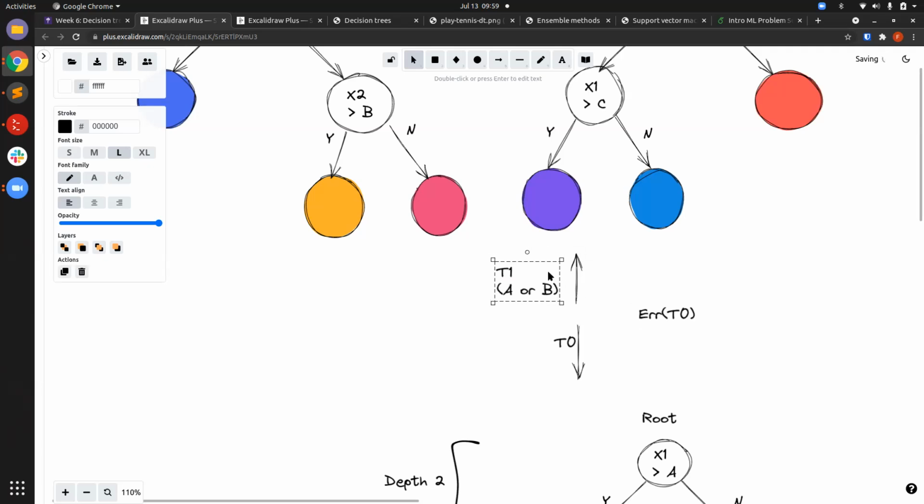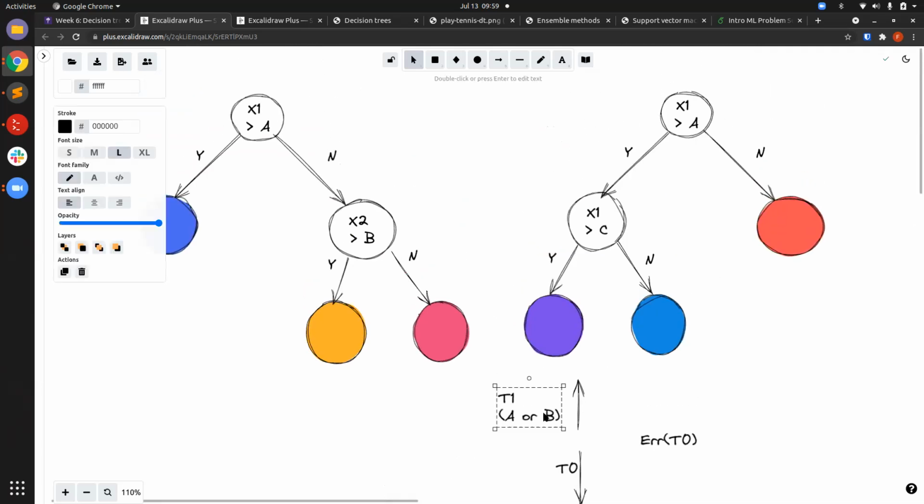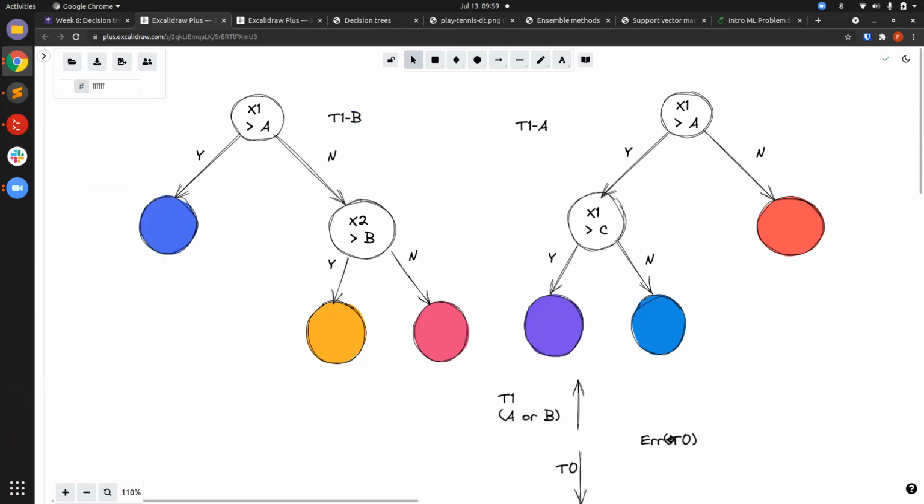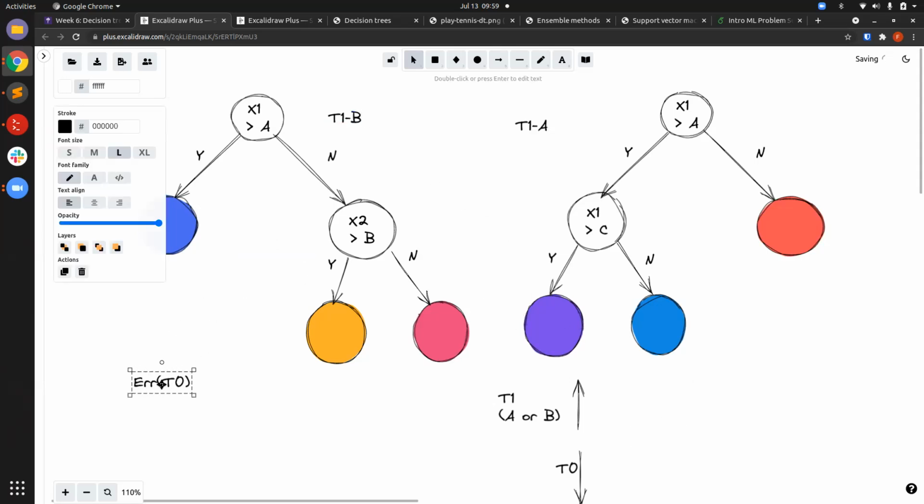Okay, so let's call this tree 1A, candidate A, and let's call this tree 1B. So for every possible tree, I'm going to consider the error of tree 1A minus the error of tree 0.